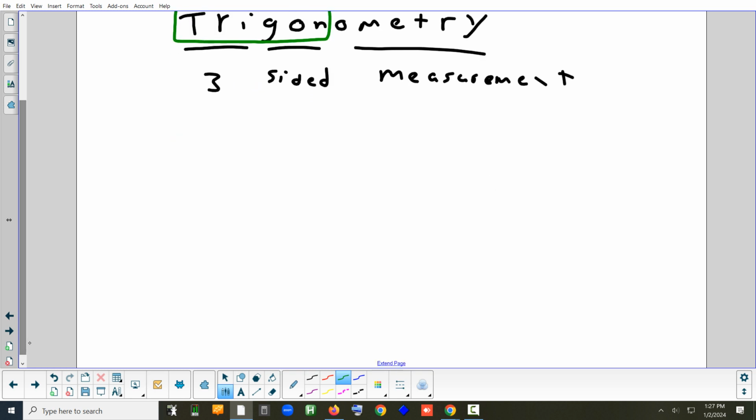All right, so what do we do in measuring triangles? Well, here's an example. Let's just say a boat. There's our boat, out in the ocean somewhere. And we have two towers that can see where the boat is. Let's say we had a tower on land over here and another tower over here.